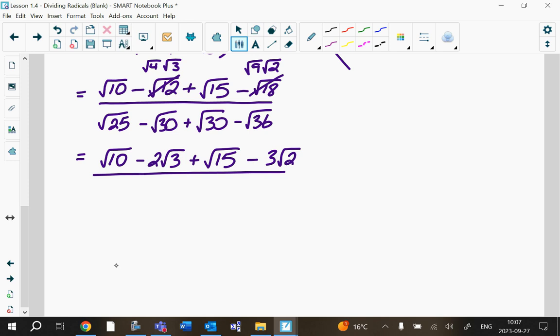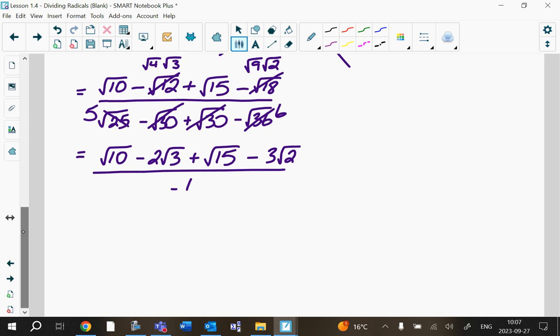So the bottom, lots of simplifying on the bottom. Cancel these in the middle, first of all. This is 5. This is 6, so I end up with 5 subtract 6. Negative 1. Can I go a little further? If this was positive 1, I don't have to write over 1, do I?